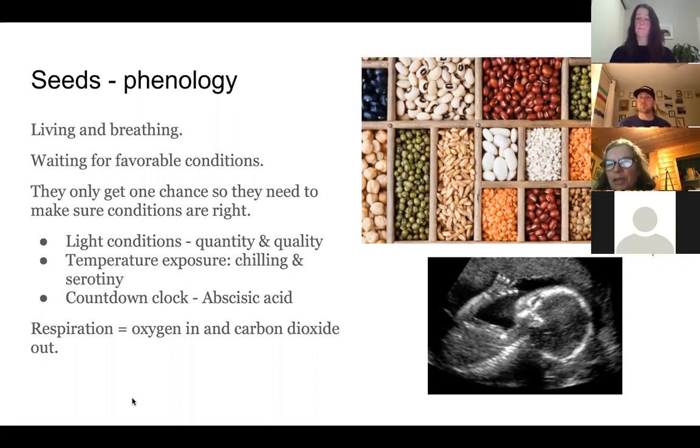Also interesting, talking about the seeds, and you were talking about the lodgepole pine and how they have to have the right kind of conditions.